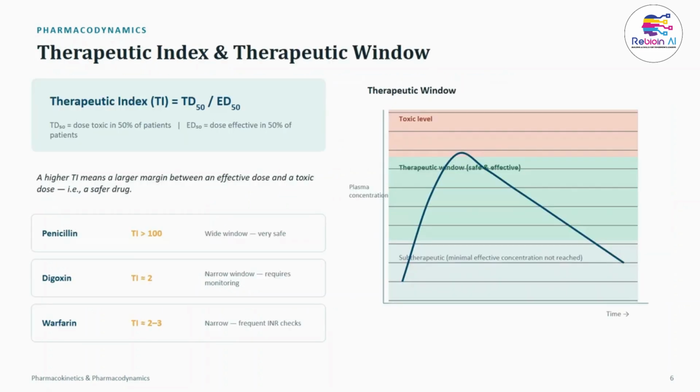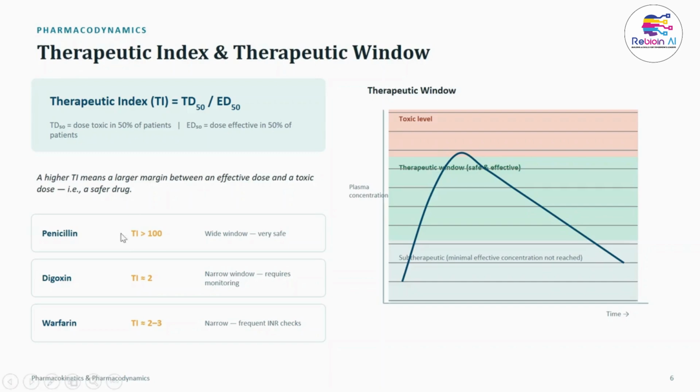Let's move to the next one, therapeutic index and therapeutic window. To calculate the therapeutic index, we have this formula you can see on the left side: TI equals TD50 divided by ED50. TD50 is the dose toxic in 50% of patients, and ED50 is the dose effective in 50% of patients. A higher TI means a larger margin between an effective dose and a toxic dose, so a safer drug.